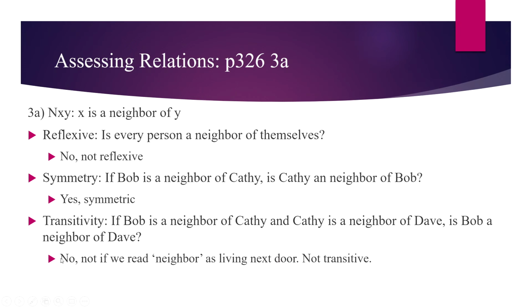So no, if we read neighbor as living next door, if you just mean the person who lives next door to you and not just being in the same area, then we read it as not transitive. And even if we read it more generally, your neighbor is someone who lives down the street from you, but they live even further down the street from someone else. This is not a transitive relation. So for this one, the only property it has is symmetry.